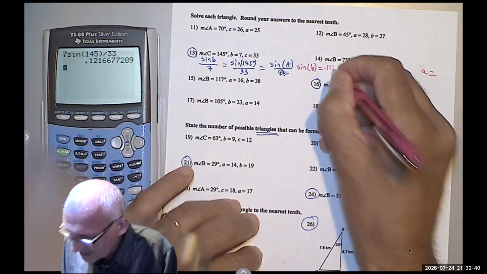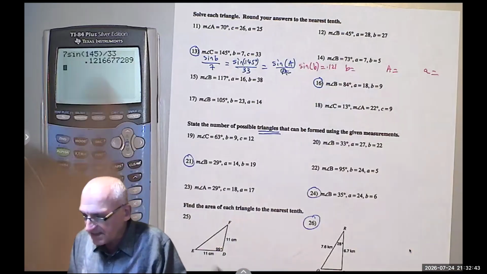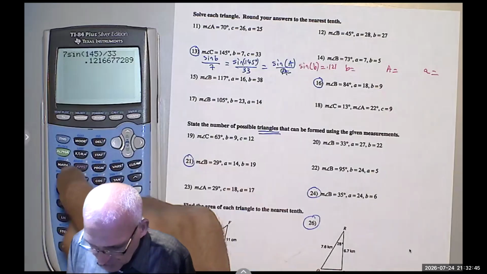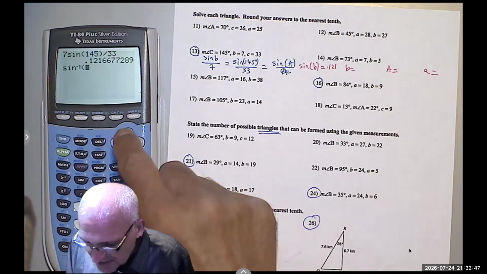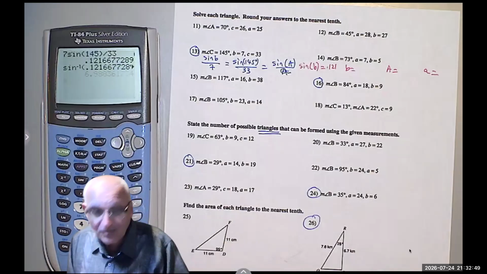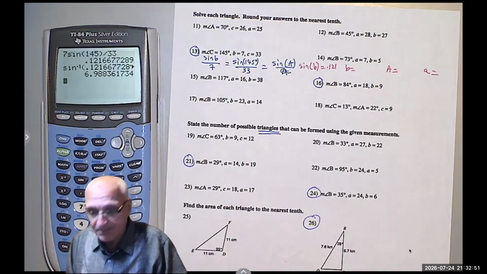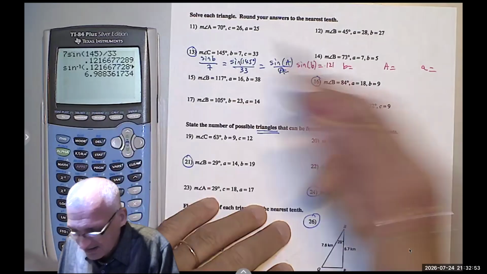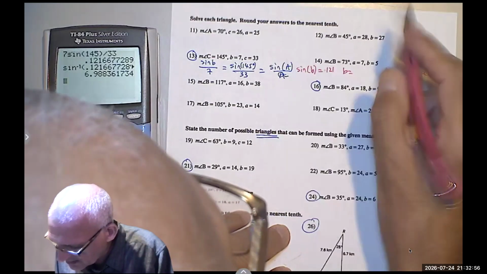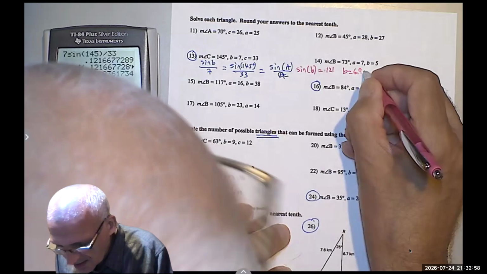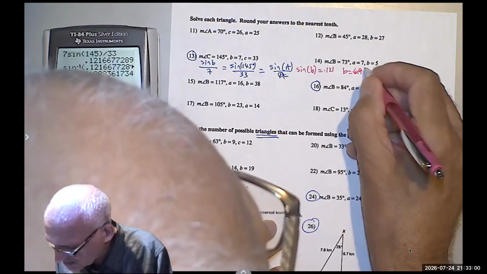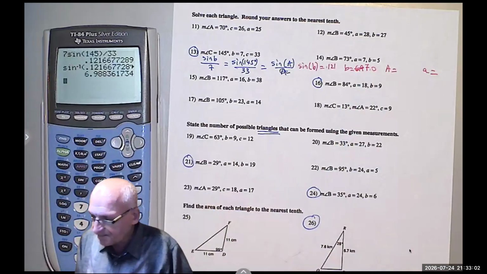I don't care to write it in how many decimal places because I have it here. So all I have to do is to say second inverse of that. I could have done that in a single step, by the way. 6.992 if I round to the nearest tenth. So 7.0. It's nearest tenth, not hundredth.